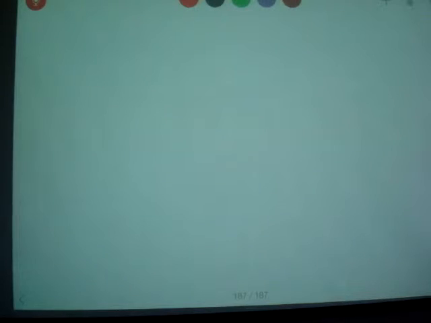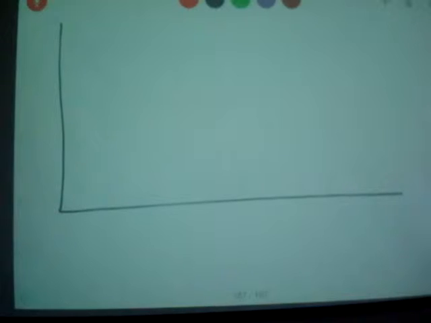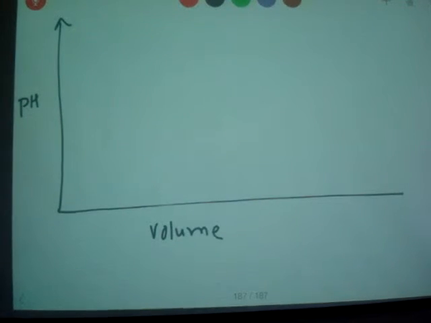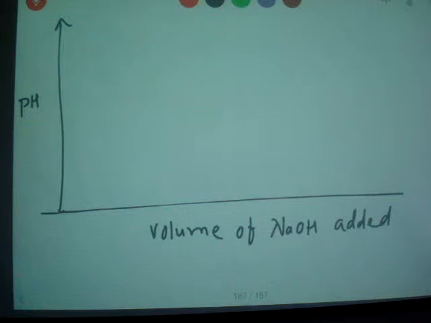So let's go to the next slide. We said pH on the y-axis and volume of titrant added, so here we can say volume of NaOH added. And we know pH is from 0 to 14, in between is about 7.